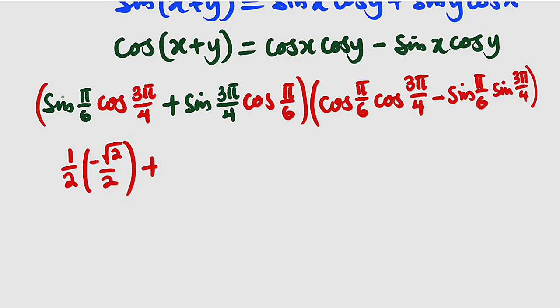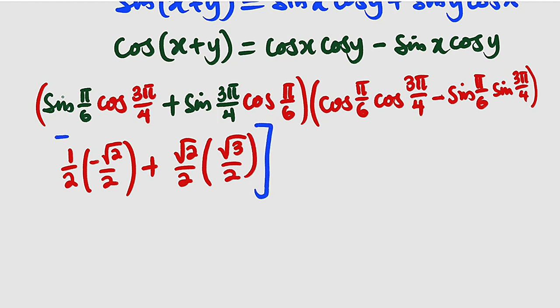Then plus sine of 3 pi divided by 4, which is equivalent to root 2 divided by 2, then multiplied by cosine of pi divided by 6, which is equivalent to root 3 divided by 2. We have to multiply the whole of this by the other expansion, which is this.